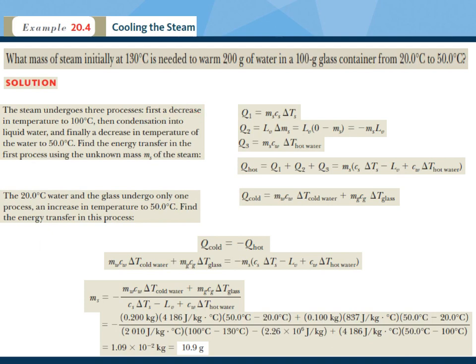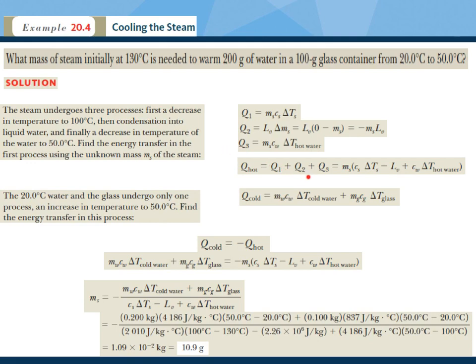First, its temperature decreases from 130 to 100 degrees Celsius. Then it will condense to water, that means change from gas to liquid. Finally, its temperature decreases from 100 degrees Celsius to 50 degrees Celsius. The energy released is given by Q1, Q2, and Q3, respectively.